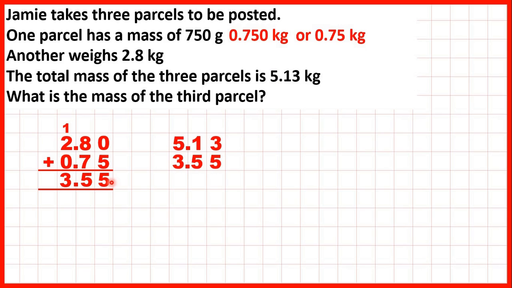So if we subtract 3.55 from that, we'll get the mass of the 3rd parcel. Again, we can use column subtraction and we get 1.58. So the mass is 1.58 kilograms. And we can check if we add 0.75, 2.8 and 1.58, we should get a total mass of 5.13.